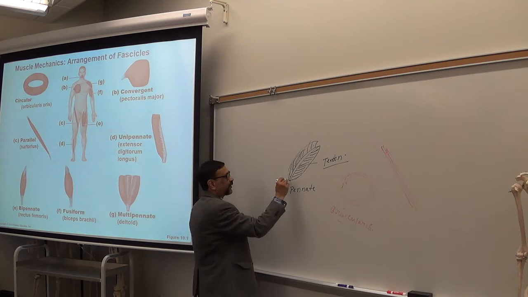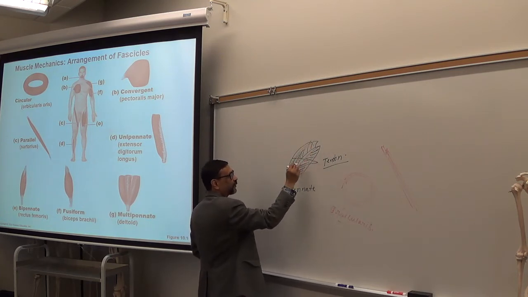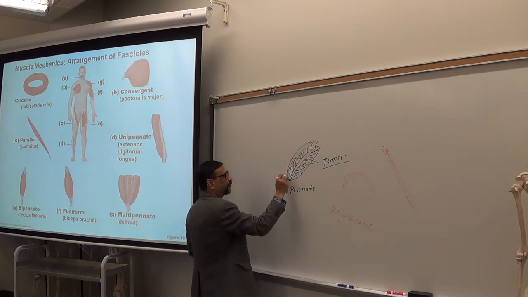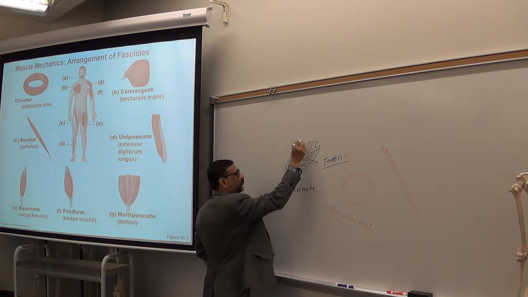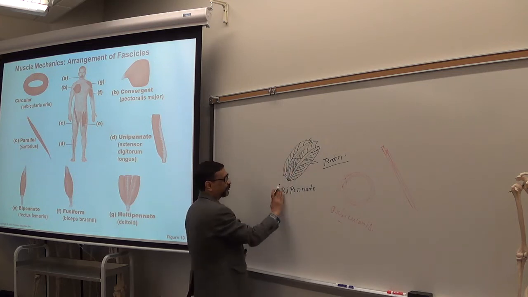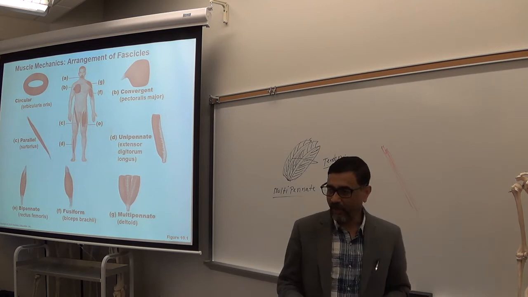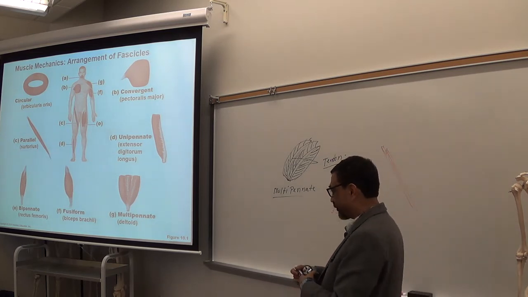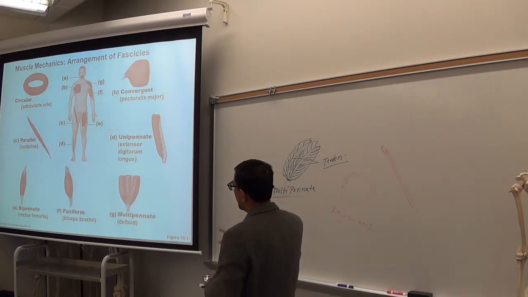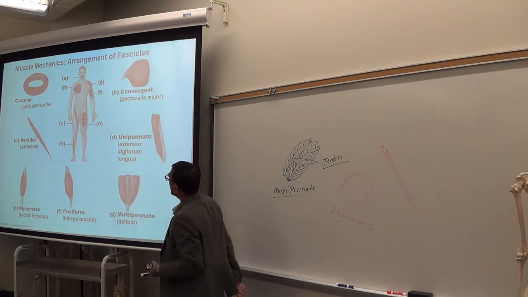If there is more than one tendon, another tendon is here, so two tendons here, and muscle fibers here, this is multipinnate. So unipinnate, bipinnate, multipinnate. We have those types of muscles. You see here, unipinnate. This is the tendon.